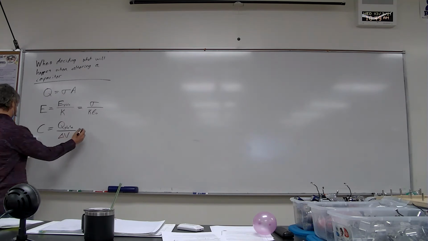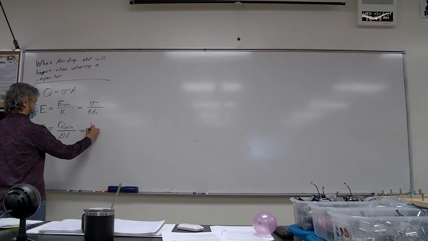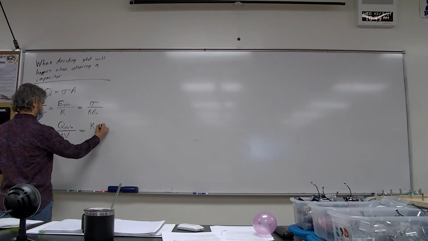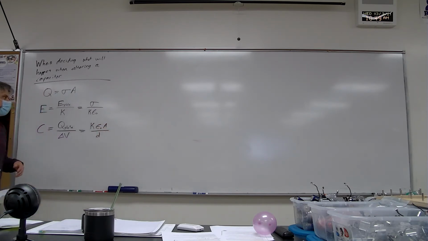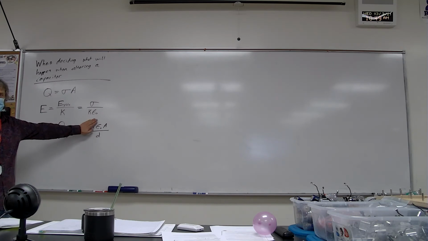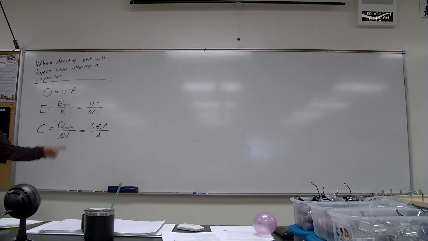On the formula sheet, that's equal to kappa times epsilon naught A over D. Up until now, we've just had epsilon naught times the area over the plate separation distance D. Now it increases. By inserting a dielectric, we increase the capacitance. We reduce the electric field and the voltage, but because voltage and capacitance are inversely proportional, I've increased the capacity to store charge.